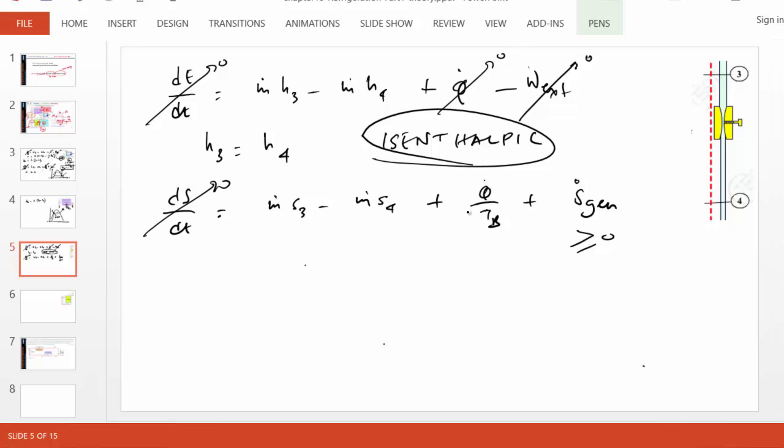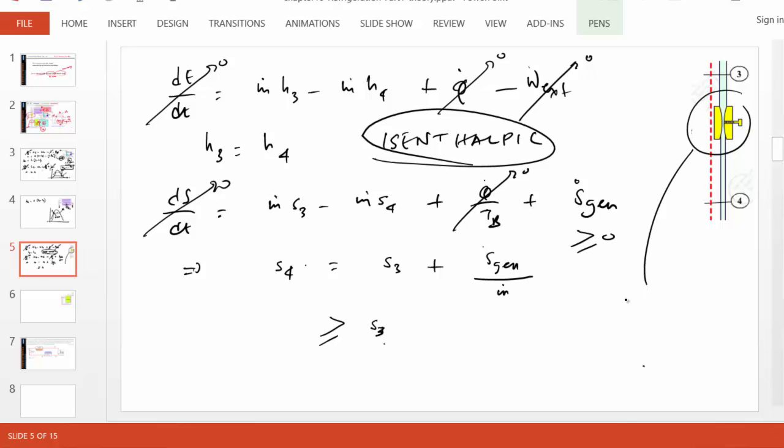So steady state, no heat transfer, and immediately it's clear that S4 equals S3 plus a quantity that can never be negative. So therefore, S4 must be greater than S3. S4 equals S3 in an isentropic process like in a turbine or compressor, but friction is essential in this case.